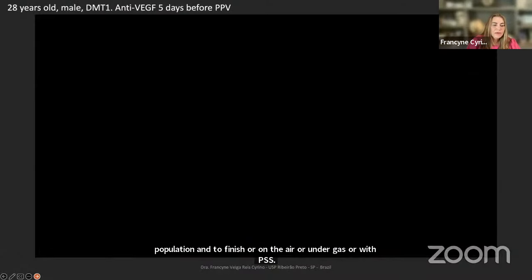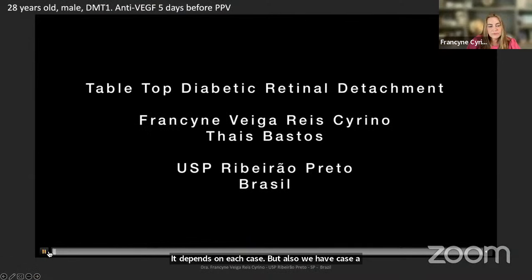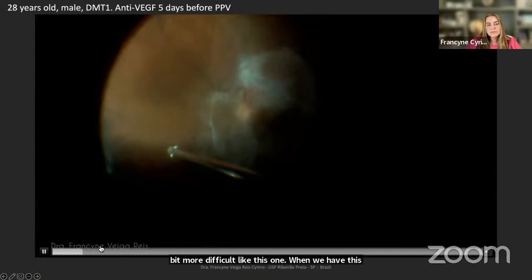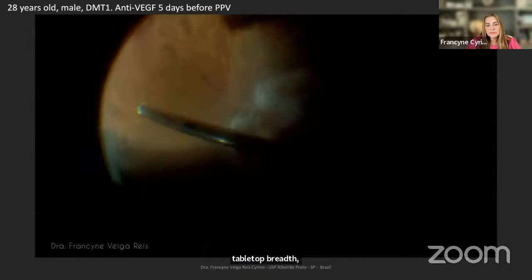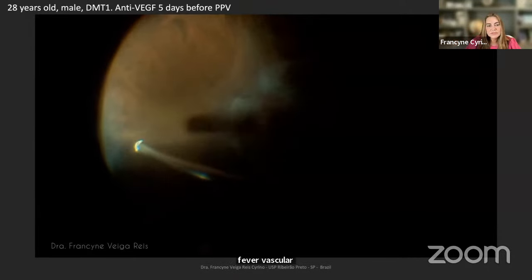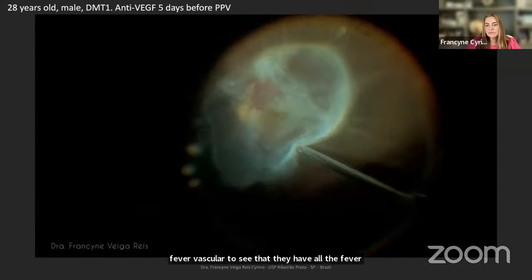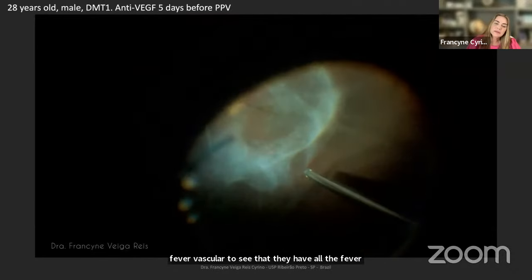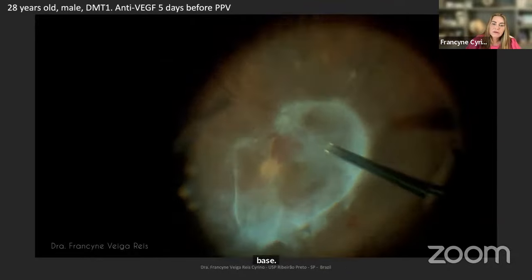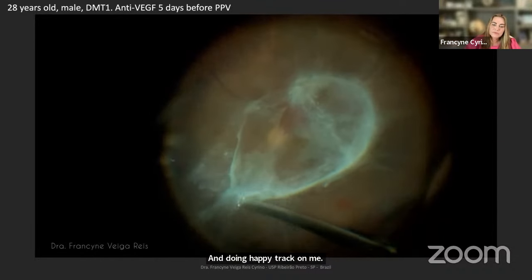But also we have cases a little bit more difficult like this one, when we have this tabletop retinal detachment, and now you see that we have all the fibrovascular tissue taking the retina over and detaching the retina, and we start removing the vitreous from the base and doing a vitrectomy and liberating all this circular fibrovascular tissue.